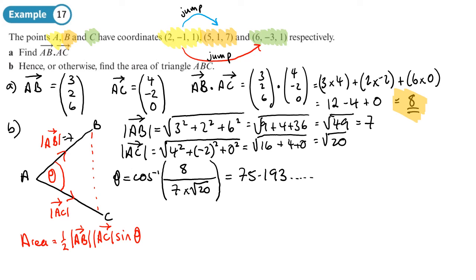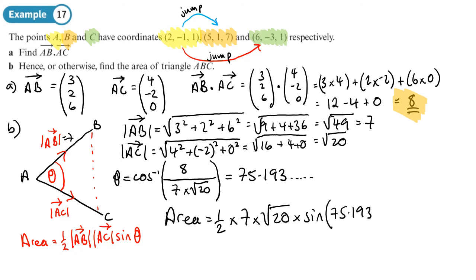degrees. So the area of this triangle, half AB sine C. Now here where I've got this angle, I would be using the answer button, so I get the exact value.